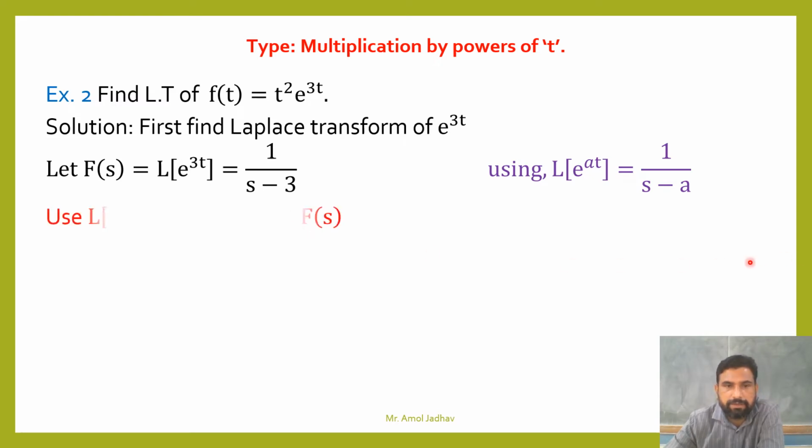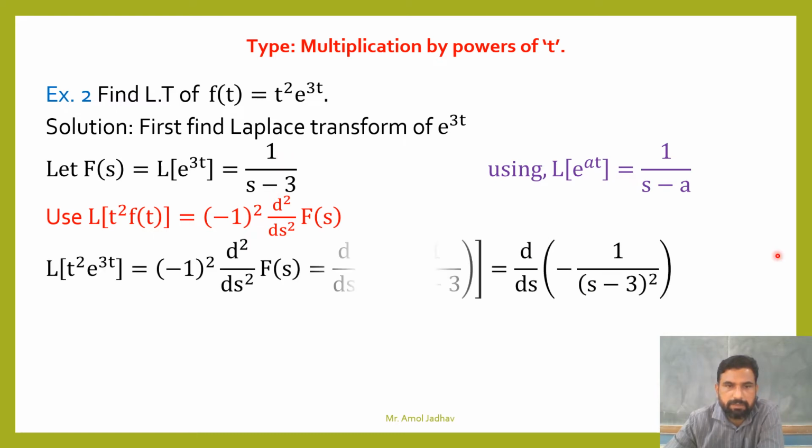Then use the result: the Laplace transform of t square into f of t equals minus 1 square into d2 by ds square of F of s. Put F of s as 1 upon s minus 3.